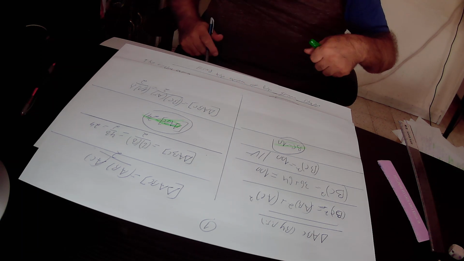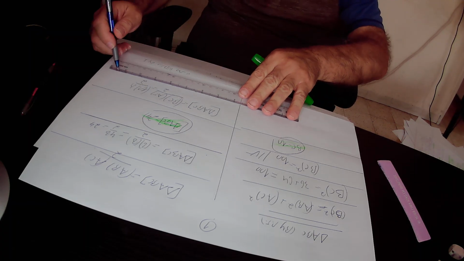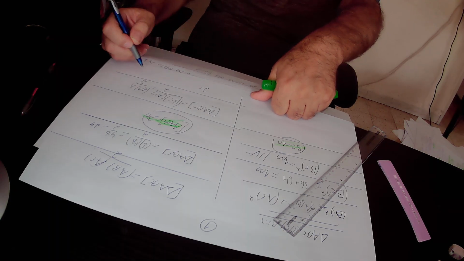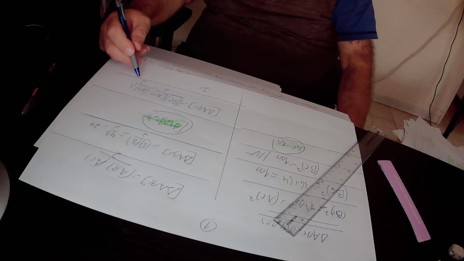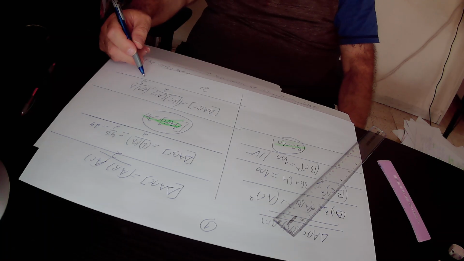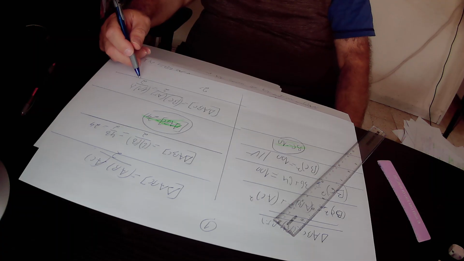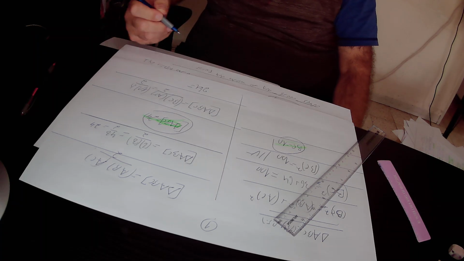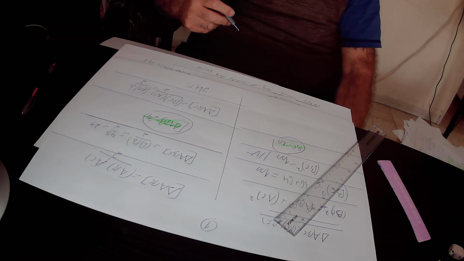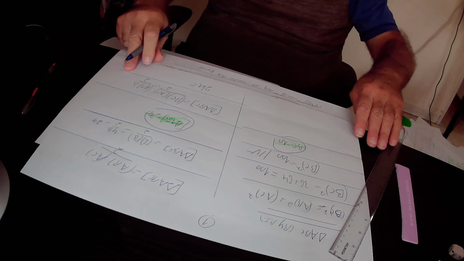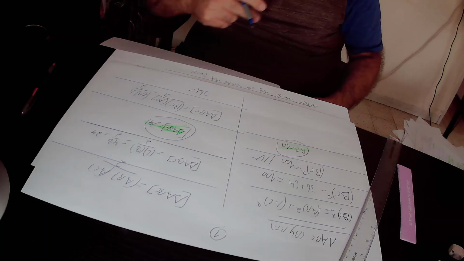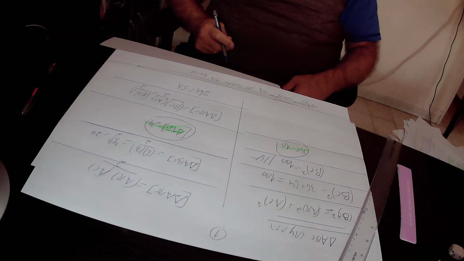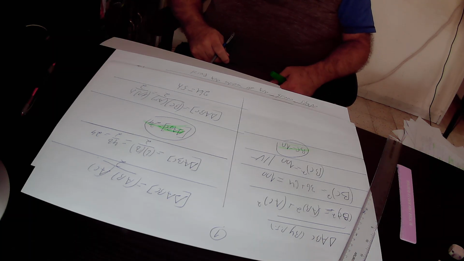So we substitute the area of triangle ABC by 24, and we get that 24 is equal to 10H over 2. 10 over 2 is 5, so this expression equals 5H. So now we found out that 24 equals 5H.